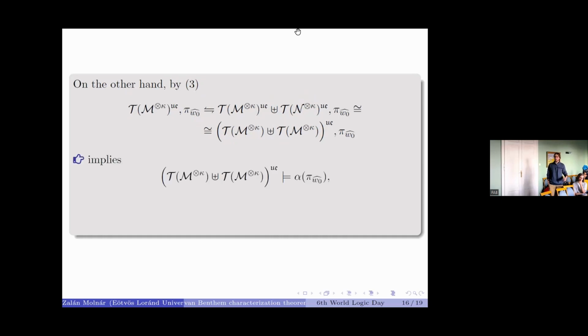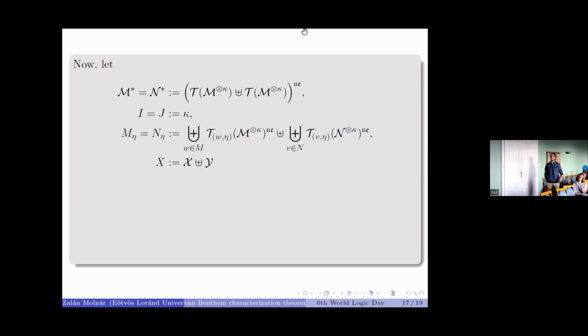And then since α is again invariant under bisimulation, and of course every isomorphism is a type of bisimulation, I will have that this big structure satisfies the formula α. Furthermore, we can also repeat the lines we have here for the structure where we start from N, not from M. So this is the only difference here.